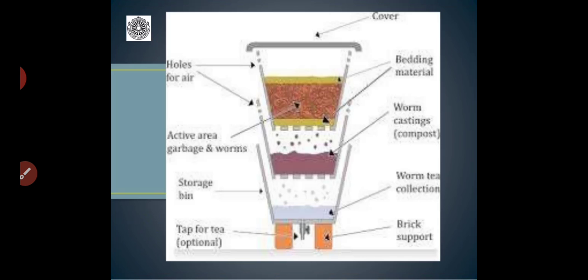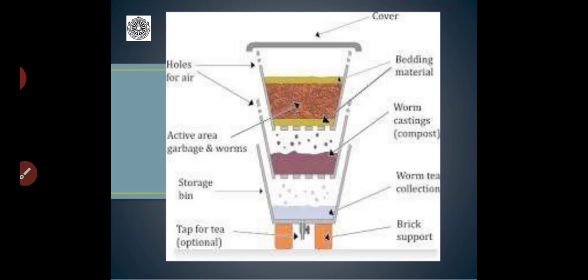So this is another way of doing vermicomposting, where you can see several pot-like containers, and at the bottom there will be a brick support. On top of it there will be a worm tea collection center, or what is called a storage bin, above which there will be the active area of the earthworms container, and on the top of this there will be a cover.